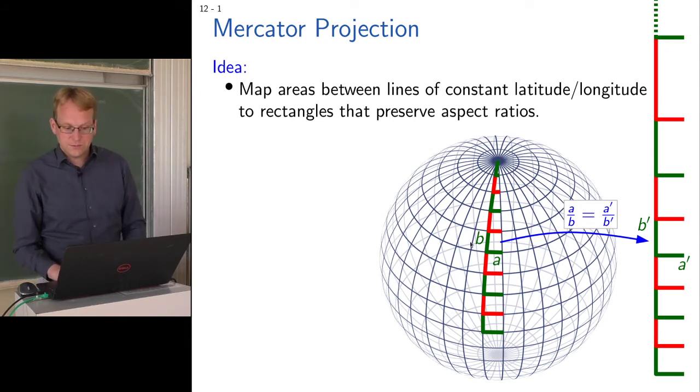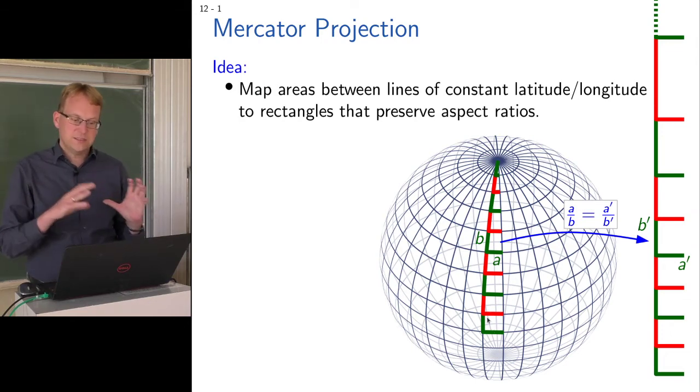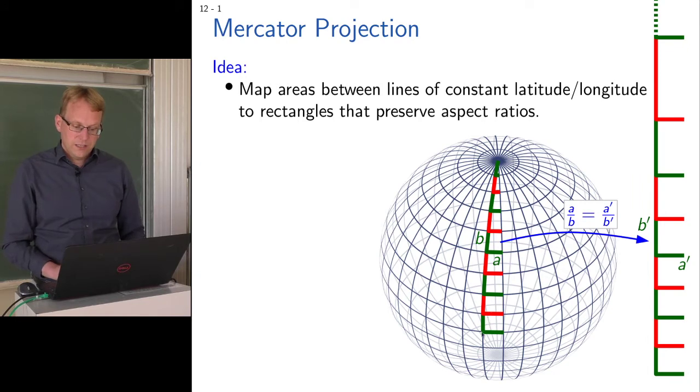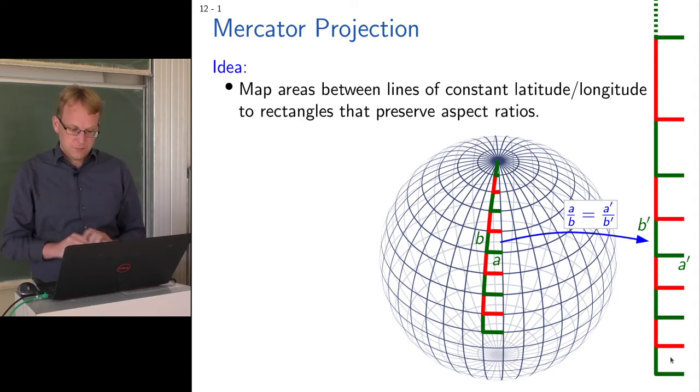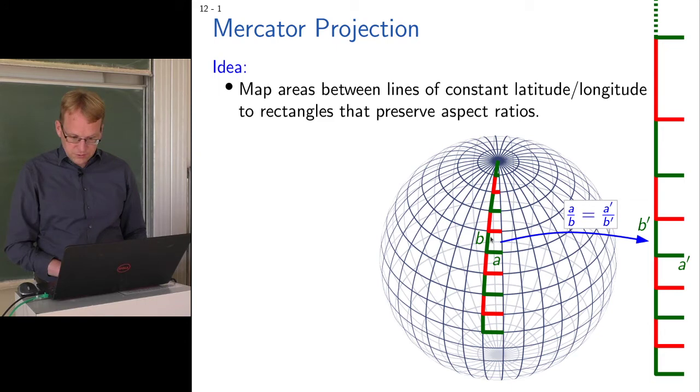So instead of converting each of these surface elements into a square, we convert each surface element into a rectangle of the same aspect ratio. Here you see this has always a side A and a side B. So here we have A roughly equal to B, so this almost has the shape of a square, and accordingly here we have also a square.